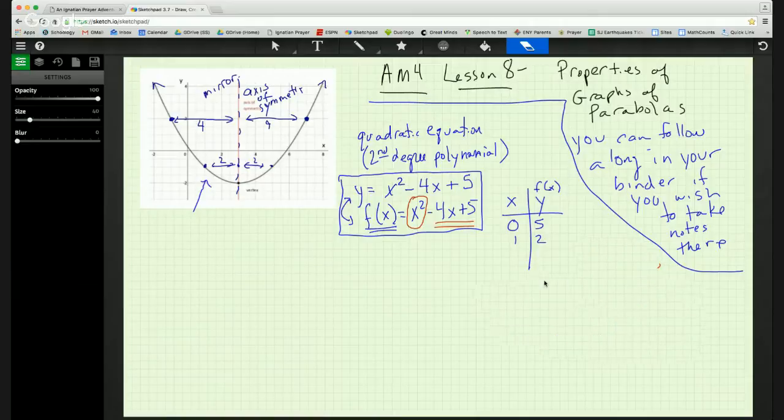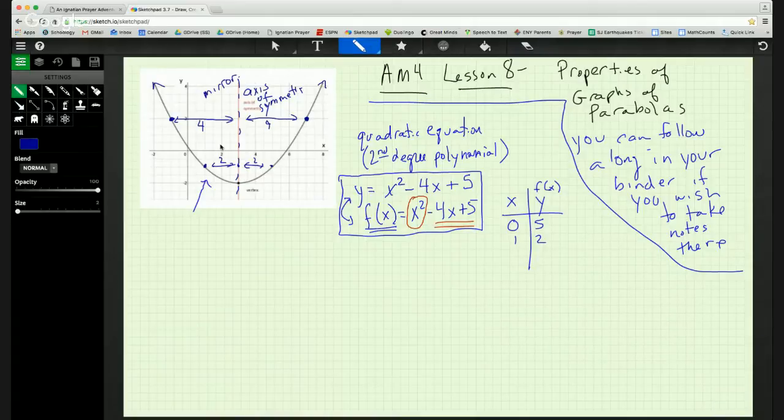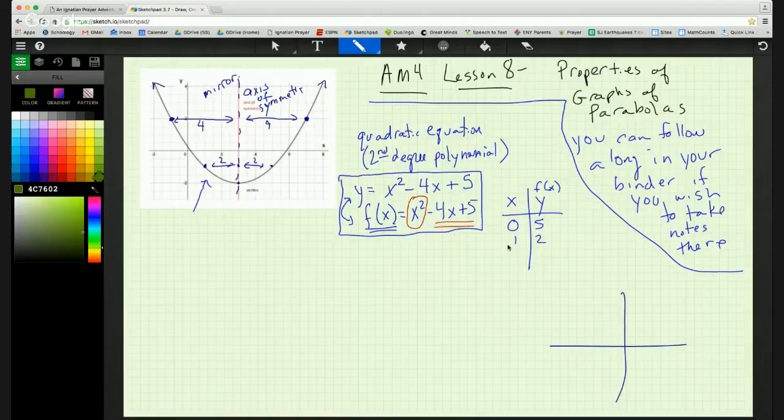Okay, what else is interesting about a parabola? Now, on this parabola, notice that we have some x-intercepts. Just like on a linear equation, we had an x-intercept. Let's look back at this linear equation right here that I'm drawing down here.